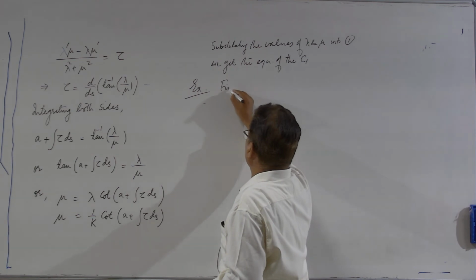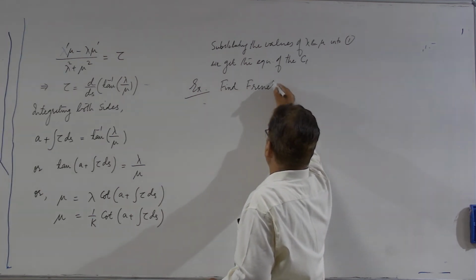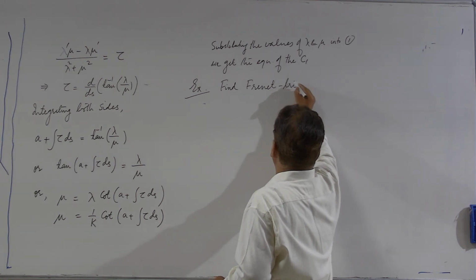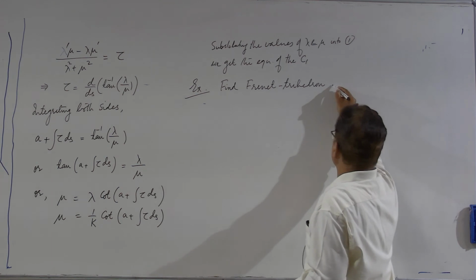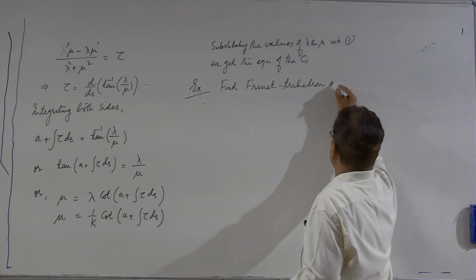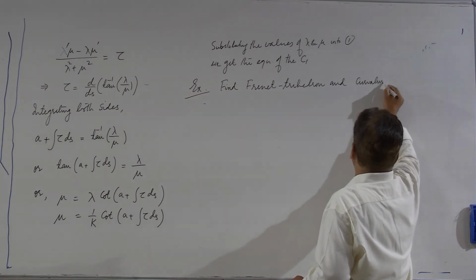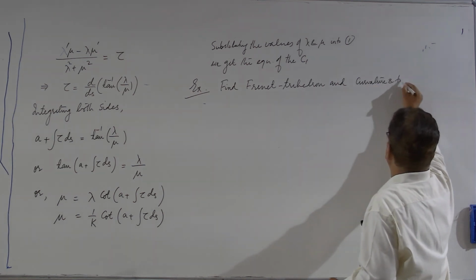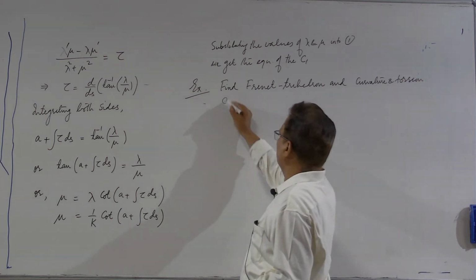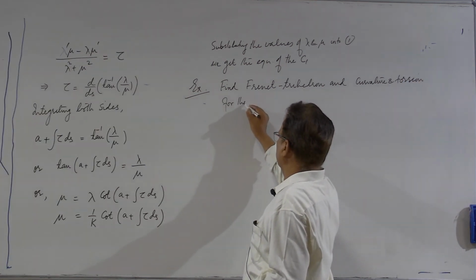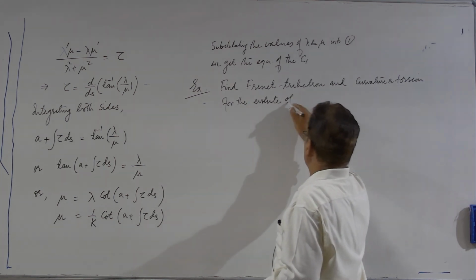Find Frenet trihedron and curvature and torsion for the evolute of a given curve.